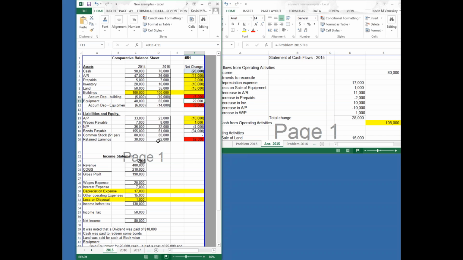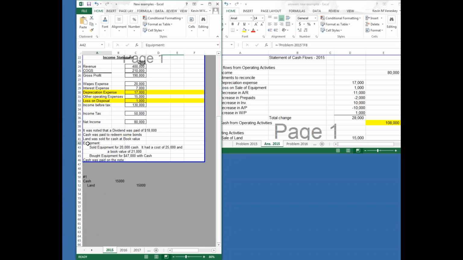This one's a little bit more involved because with the equipment, we had 2 items going on. Let's do number 2A first. And that'll be our first item here. If it helps, you may want to have a T account off to the side to show what's happening.